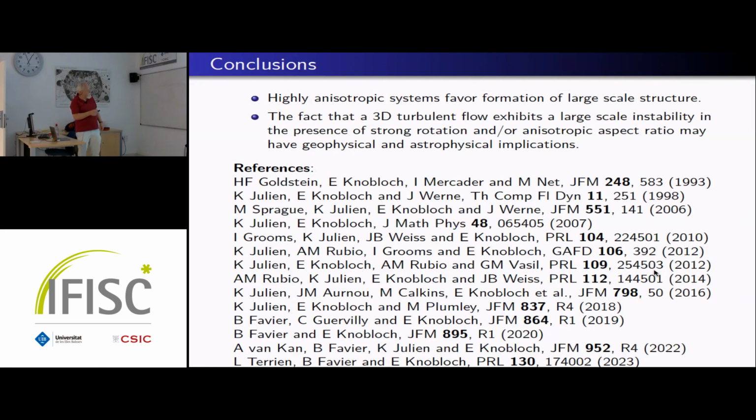And of course, we are interested in the formation of these large-scale structures and the propensity to form large-scale structures, because of course, that's what you see in the atmosphere and in the oceans. And we think that the fundamental physical reason for that is that you have a thin layer. So you're far from having isotropic three-dimensional turbulence. So that's all. Thank you for listening.